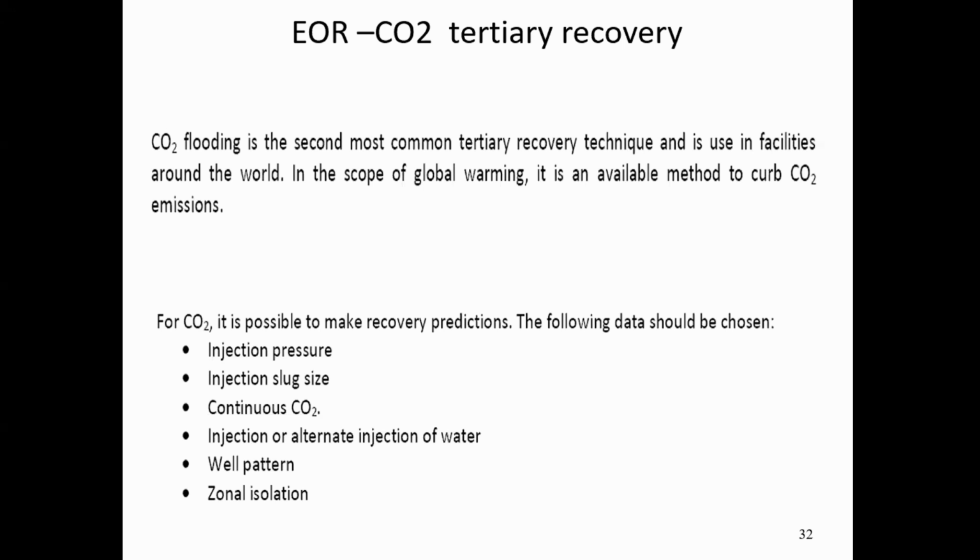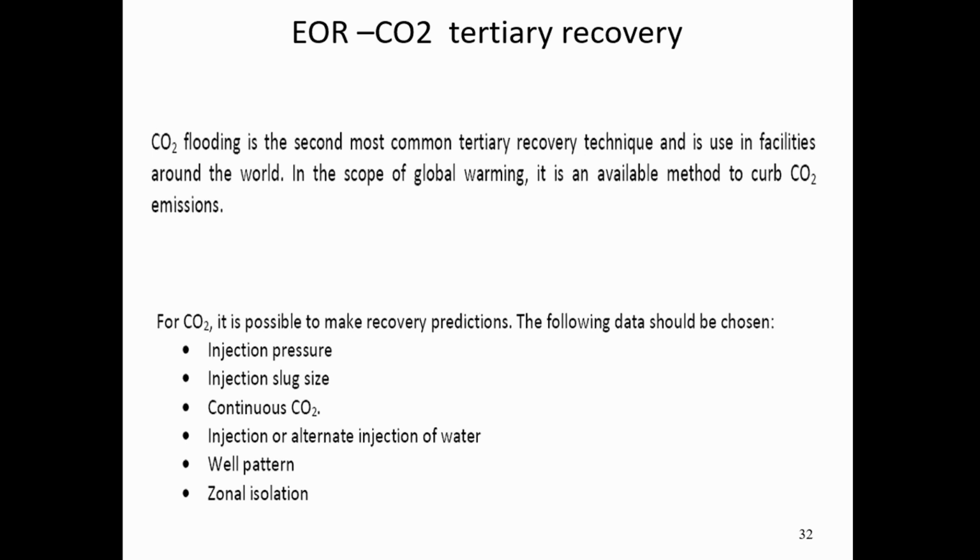But do you have a problem with CO2? Yes, as with any operation. The major challenge for CO2 is corrosion. You are a chemical engineer or a chemist, I'm sure you know something about corrosion, because CO2 is an acid gas.